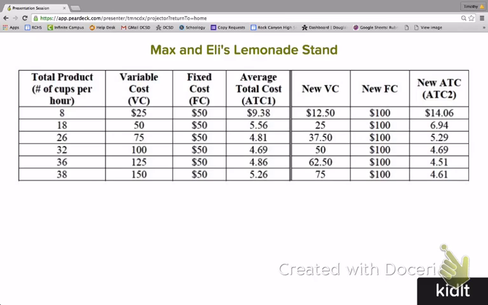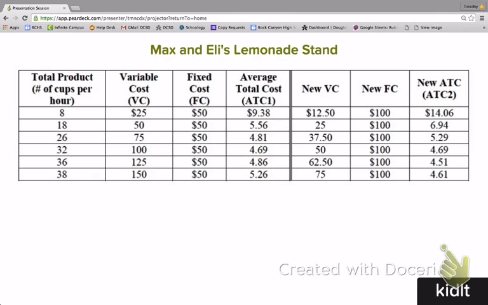Investment and expansion is expensive, so fixed costs will rise, but this would give workers the ability to be more productive, so variable costs will fall. So let's say that fixed cost doubles from $50 to $100, but the variable cost is cut in half at all levels of output.